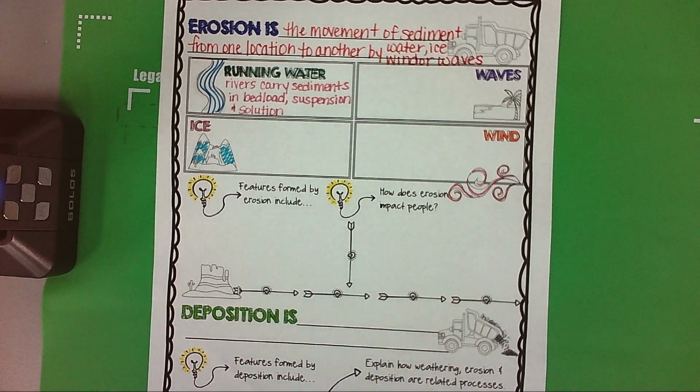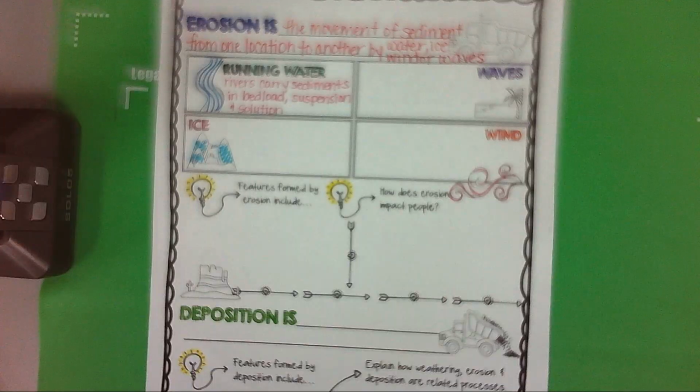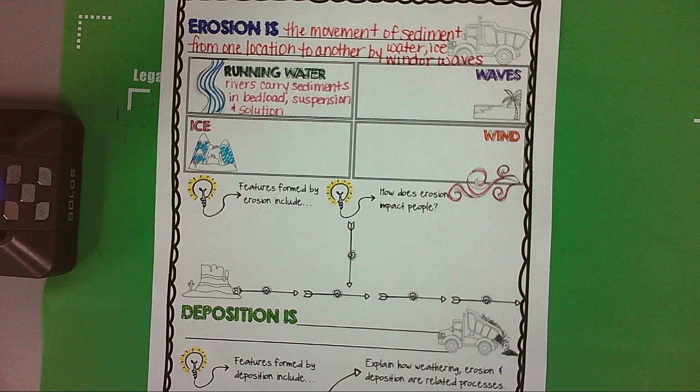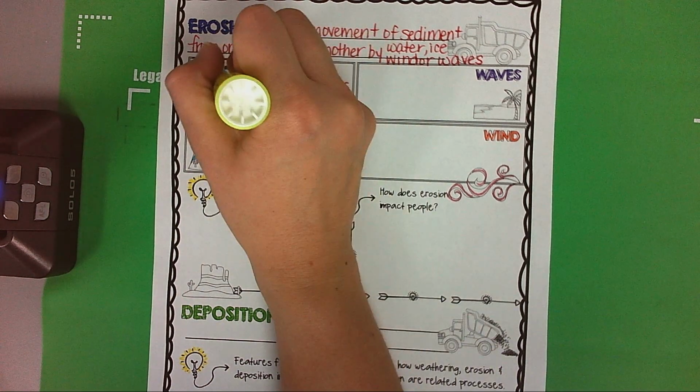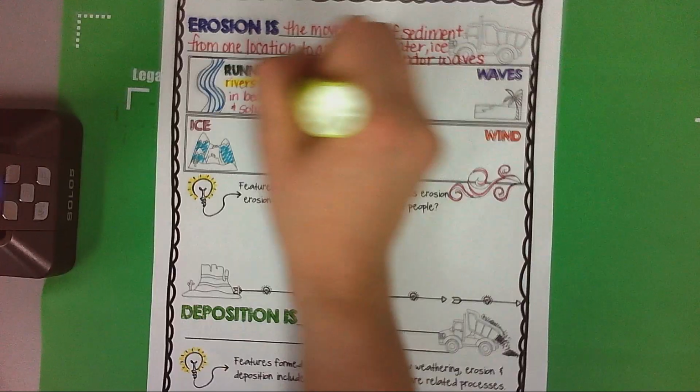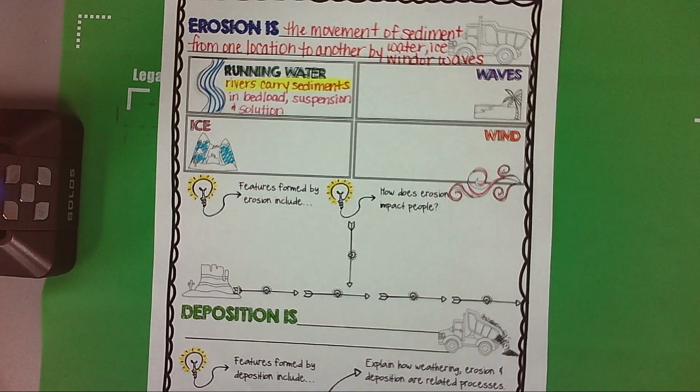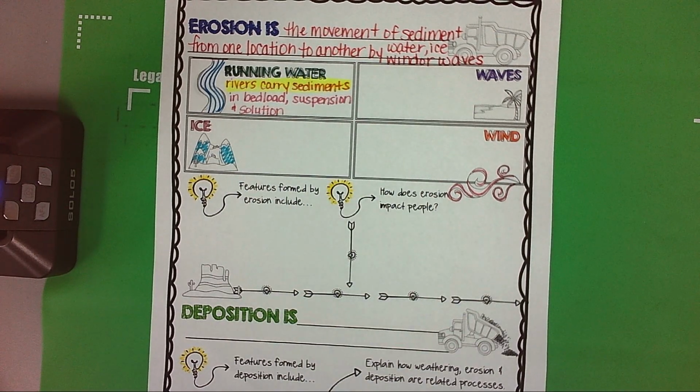Okay, so rivers carry sediments. That's the most important part right there. So let's highlight that part, or I will highlight it so that you know that that's the most important part about running water.